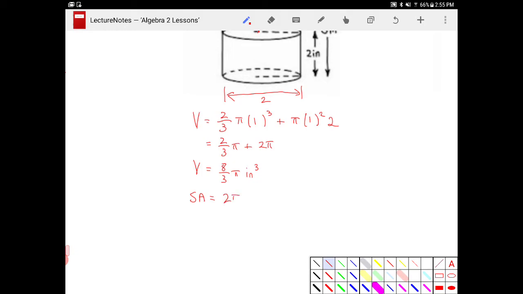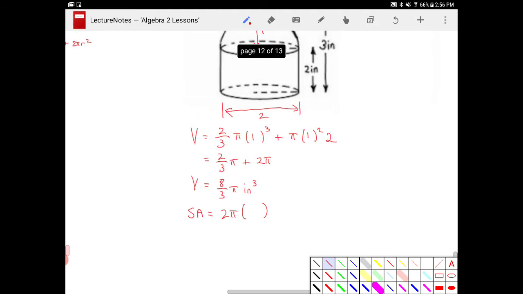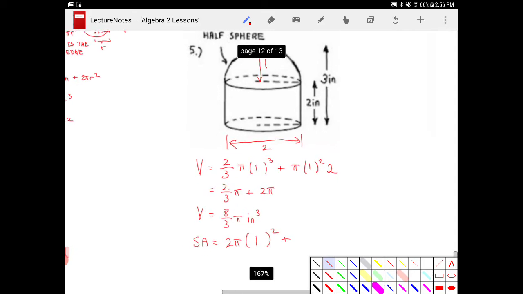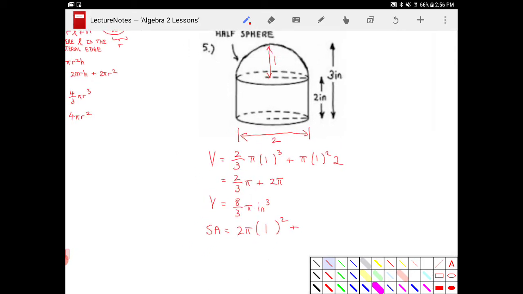So it's 2 pi times the radius, which is 1, squared, plus the lateral area, which is 2 pi times 1 times the height, which is 2. That's the area of the lateral edge, right? That's the area of this part right here that I just came up with, right? So that's the area of this.